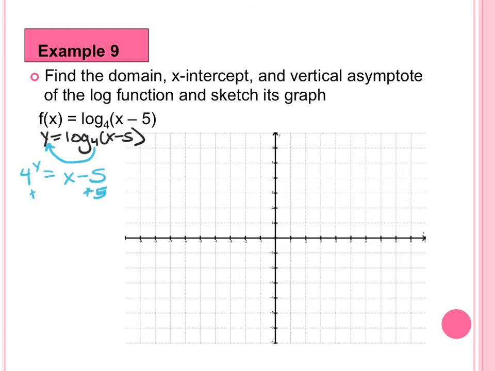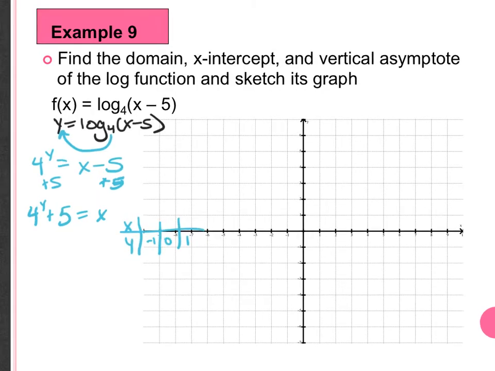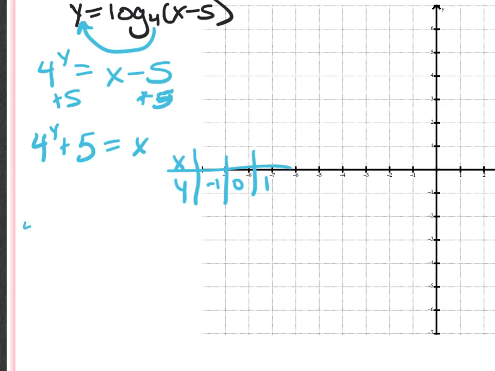I get 4 to the y plus 5 equals x. Now I plug in for the y. So I get 4 to the negative 1 plus 5, 4 to the 0 plus 5, 4 to the first plus 5.